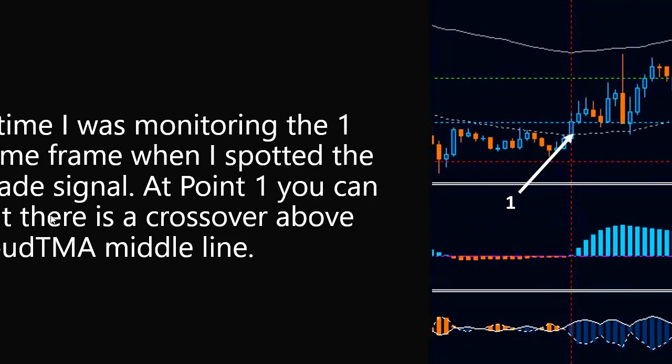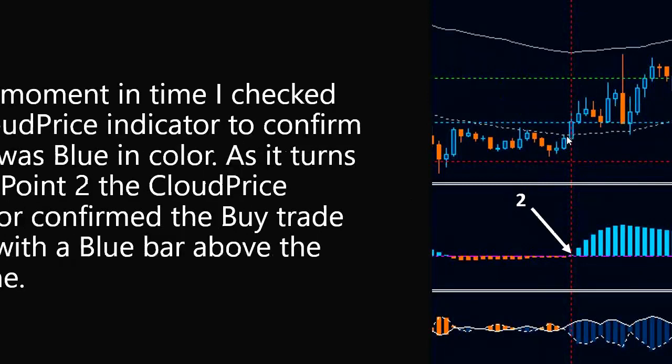At point 1, you can see that there's a crossover above the cloud TMA middle line, just at that point over there. At this moment in time, I checked the cloud price indicator to confirm that it was blue in color. As it turns out, at point 2, it confirmed the buy trade signal with a blue bar above the 0 line. Very small one in that case, but it did form.